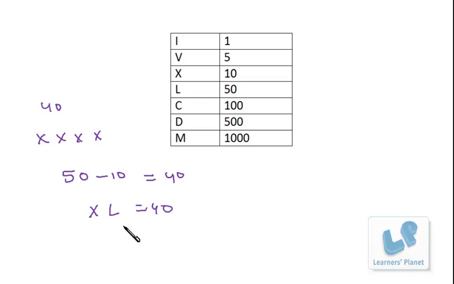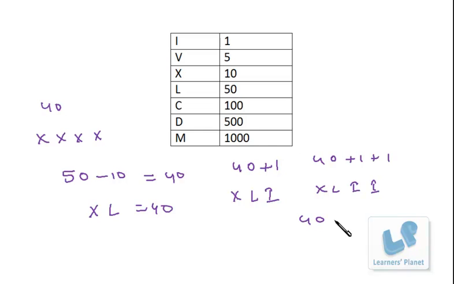Okay, now you can easily write down the entire series of 40 to 50. So suppose I wish to write 41, that is 40 plus 1. So what is 40? It's XL, and 1 is I. Similarly 42, it's 40 plus 1 plus 1. So it's XL, that is 40, then I, and I. Similarly 43, it's 40 plus 1 plus 1 plus 1.